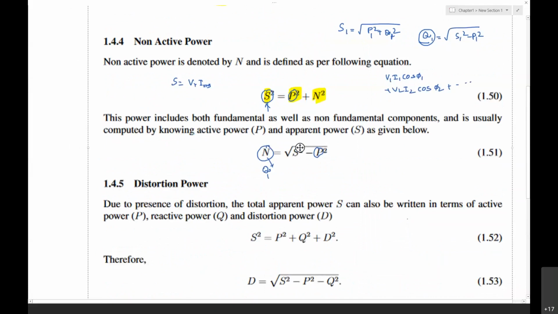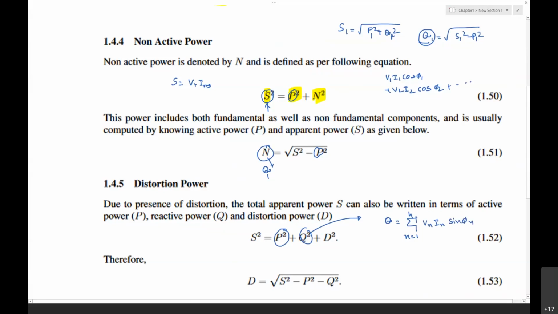If you have a value of the real power as well as the reactive power, how do you know that? If you know the reactive power, Q is equal to the summation of n equal to 1 to the harmonic order, Vn In sine of phi n.